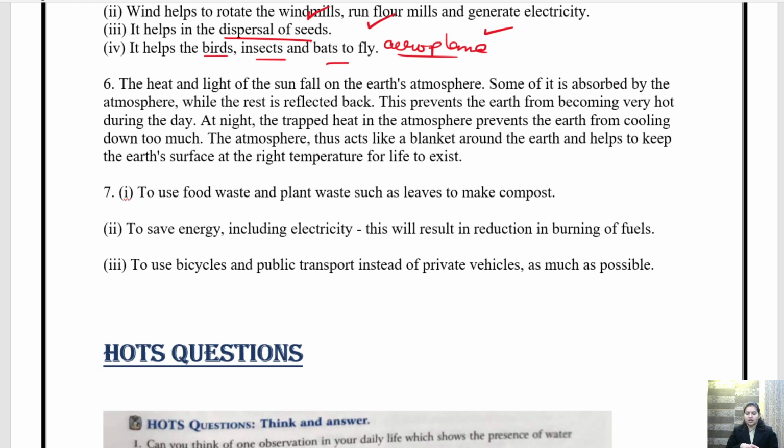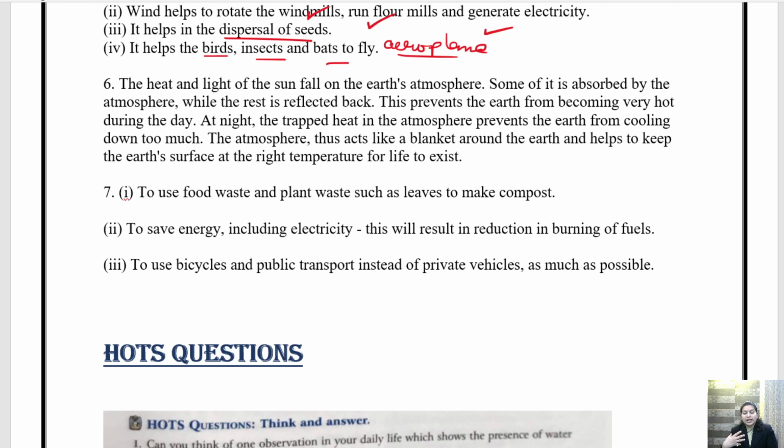The concept behind it is that the heat and light of the sun fall on the earth's atmosphere, which increases the temperature of the earth and also increases the temperature of air. Clear?